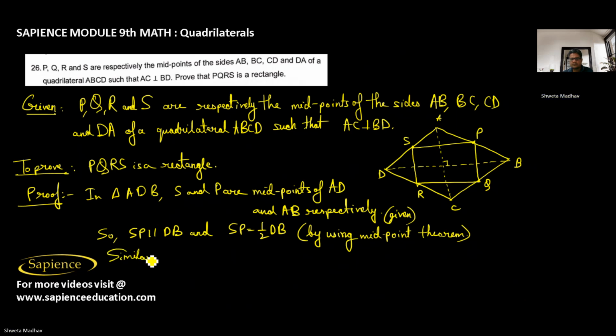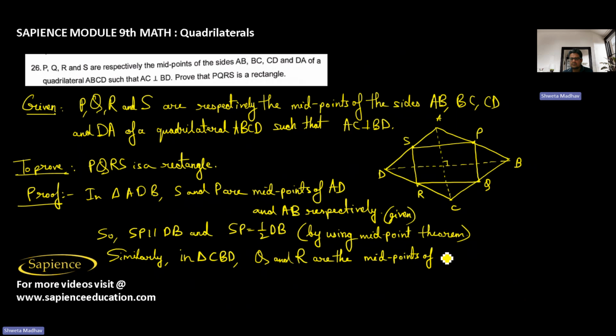Similarly, if we can prove that PQRS is a parallelogram and any one of the angles is a right angle, then we can say that PQRS is a rectangle. So similarly, in triangle CBD, Q and R are the midpoints of CB and CD respectively.